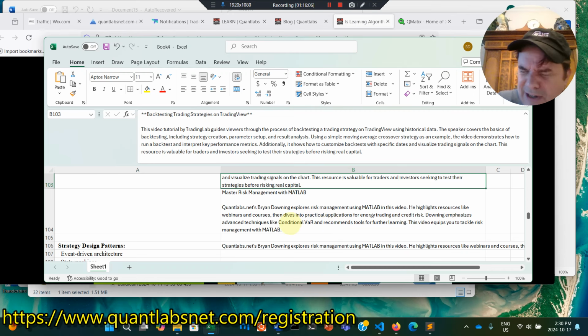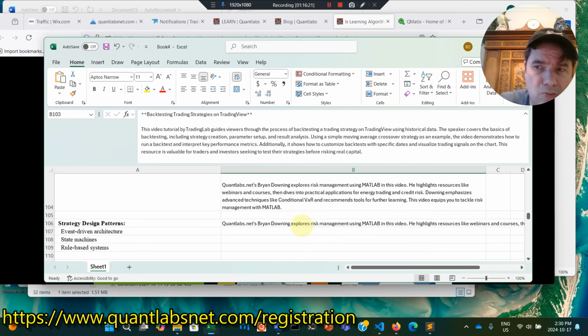So knowing this alone will help you in applications when you send them out to trading firms, because you can learn from this. And there are obviously other tools to learn further, but this will help you tackle how to do risk management the way the institutions do. And remember, MATLAB's never talked about, but it is a popular tool among a lot of the high-end, high-paying trading firms out there.